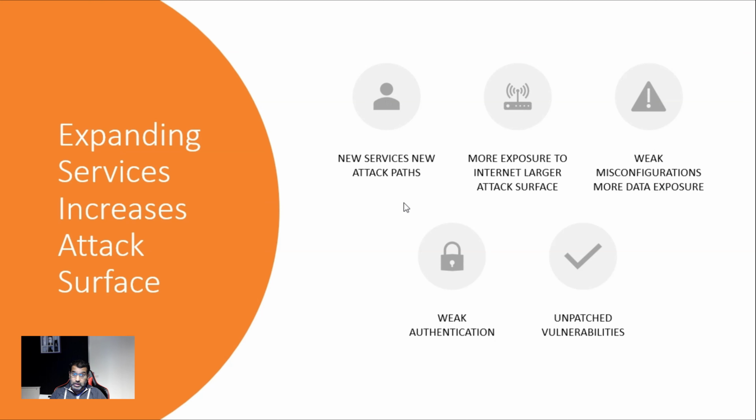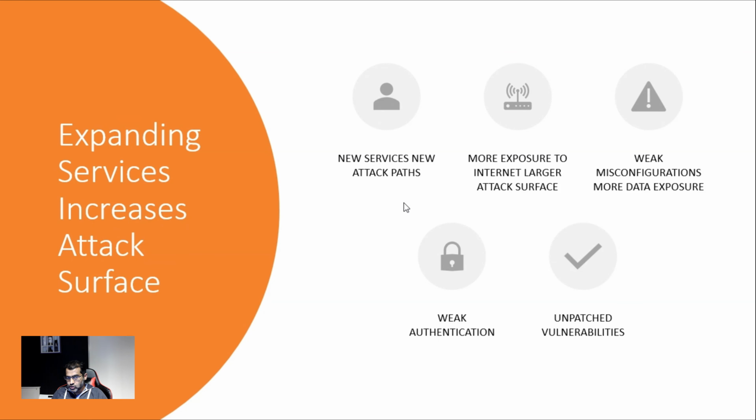For example, any service exposed to the internet, like web servers, APIs, databases, and email servers, provides a potential entry point for attackers. If these services have unpatched vulnerabilities, weak configuration, or a misconfigured authentication system, they definitely become easy targets. If they're not properly configured, they can fall to any one of the attack compromises.